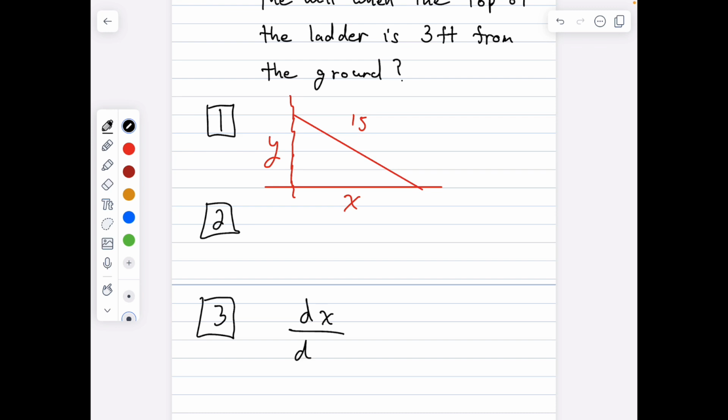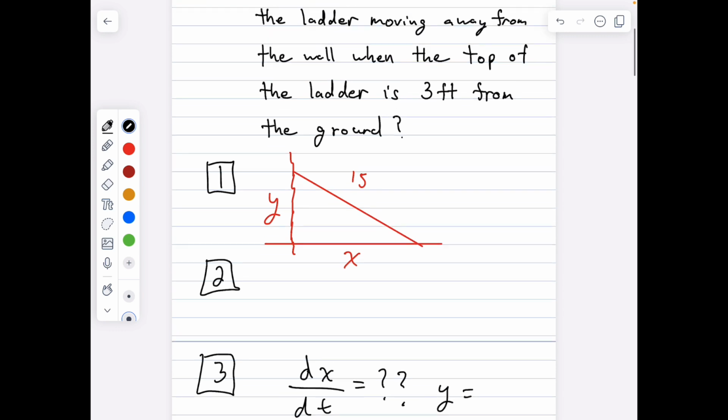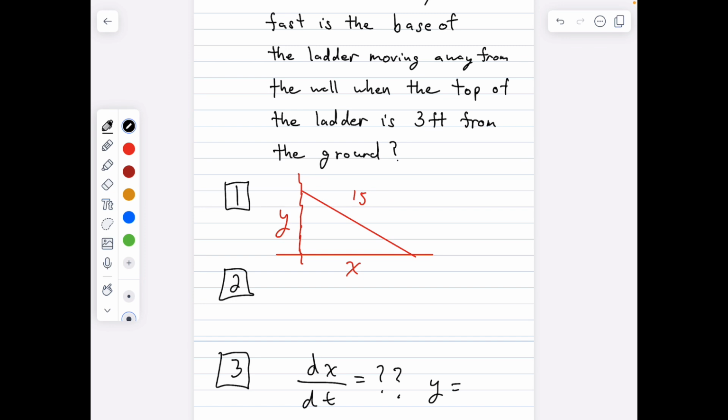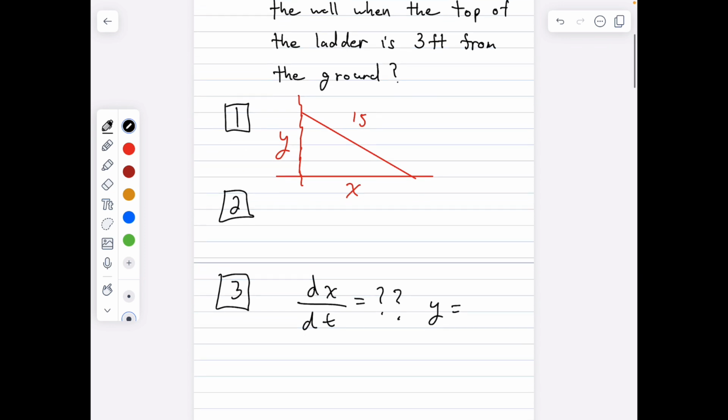This is how I would describe that: dx/dt, okay? So what I'm saying here is the rate of change of x, the distance the bottom is away from the wall, with respect to time. This is what I'm looking for. And technically speaking, it's when the top of the ladder, this is where the rest of the information would be handy, is 3 feet from the ground, so this is where y equals 3.